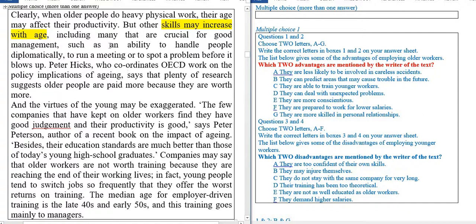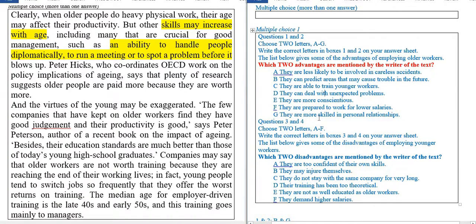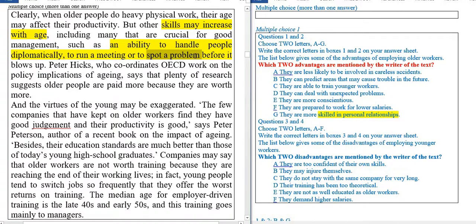an ability to handle people diplomatically. So I'd say handle people. So personal relationship, this one, and then run a meeting, spot a problem before it blows up.